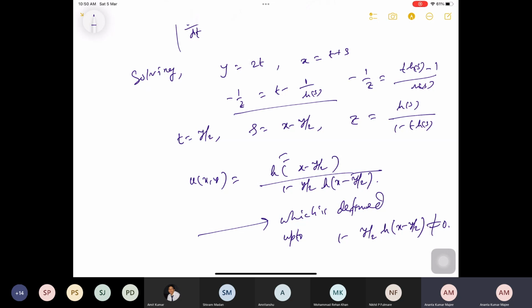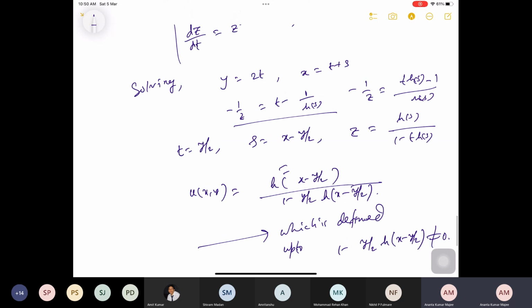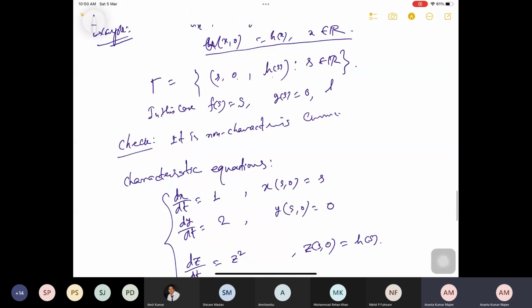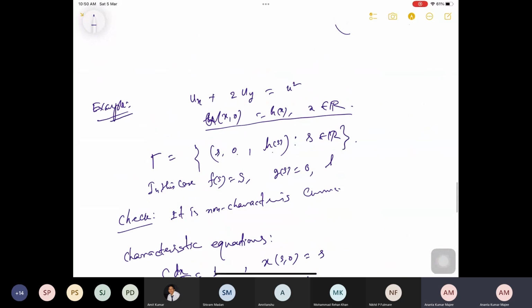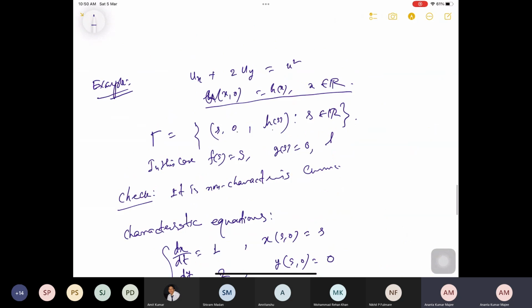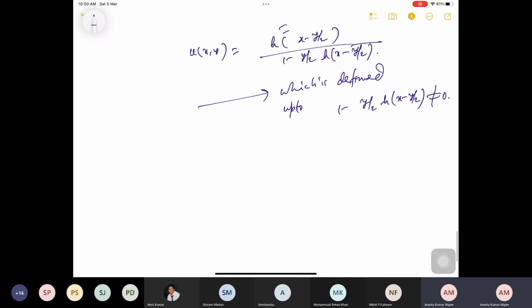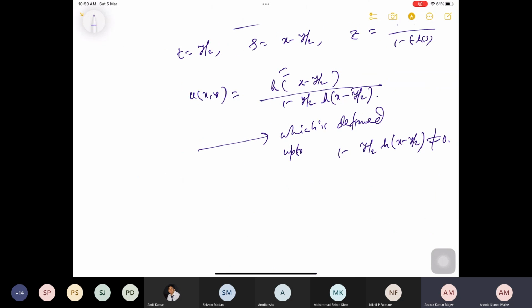So the solution to the given PDE with initial condition u of x, 0 equal to h of x is given by u of x, y equal to h of x minus y by 2 divided by 1 minus y by 2 times h of x minus y by 2, and this is defined as long as 1 minus y by 2 times h of x minus y by 2 is not equal to 0.